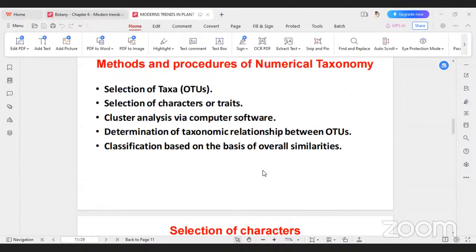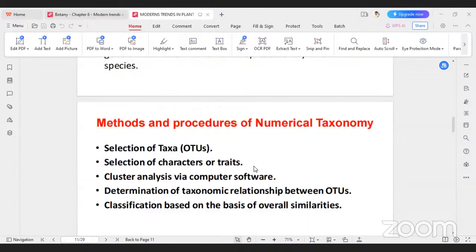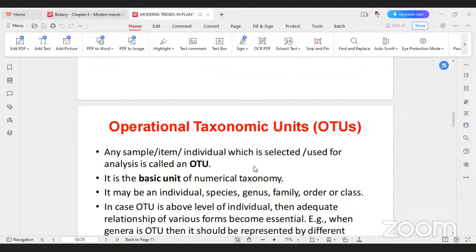Before selection of characters, selection of taxa, the OTU, that is the operational taxonomic unit. What is an operational taxonomic unit?